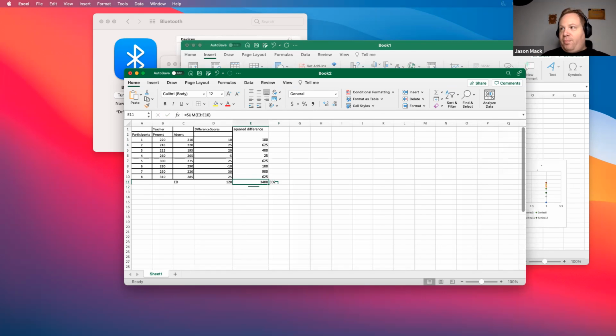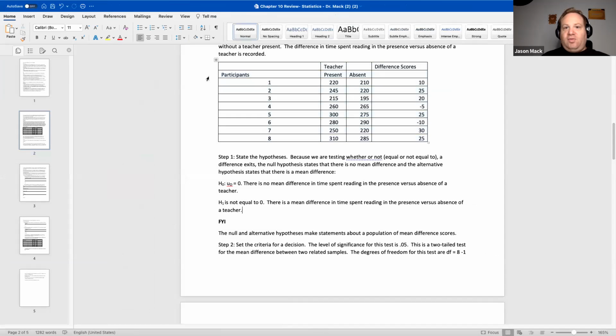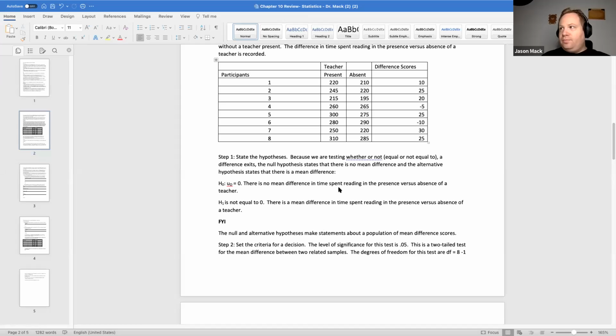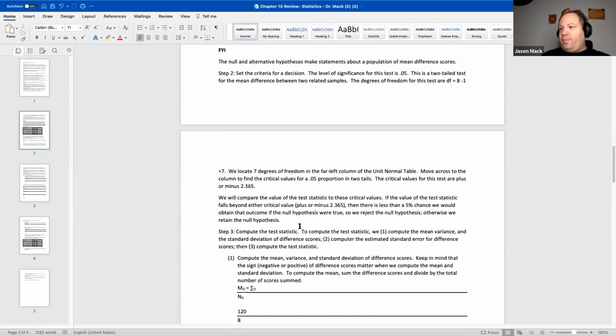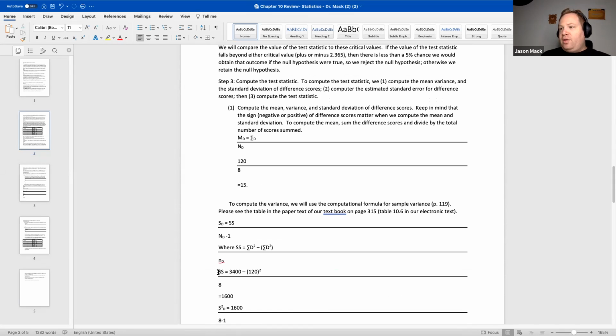So now, if we go back to our Word document, which I believe you can still see, but I'll do a new share just in case, since the class is non-live. So if we go back to where we were, that's where I'm getting that from. The sum of the squares is equal to 3,400 minus 120 squared over 8.